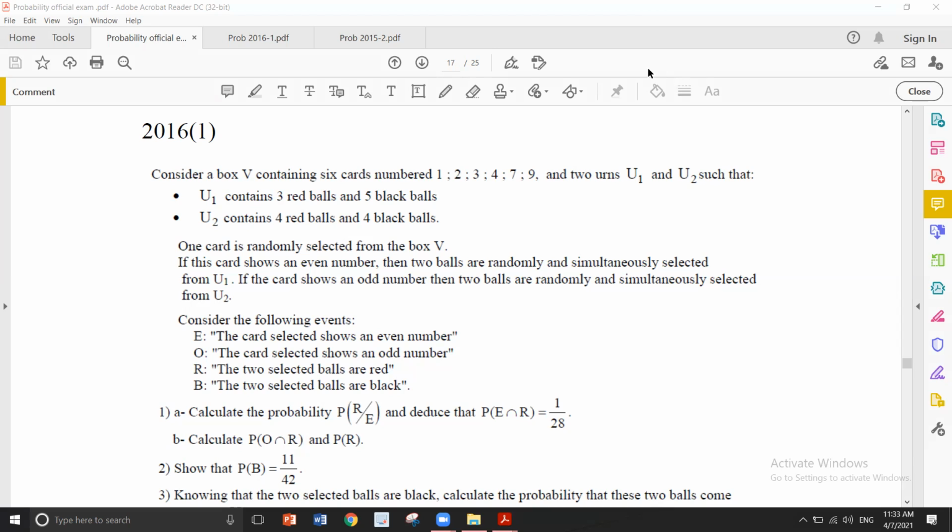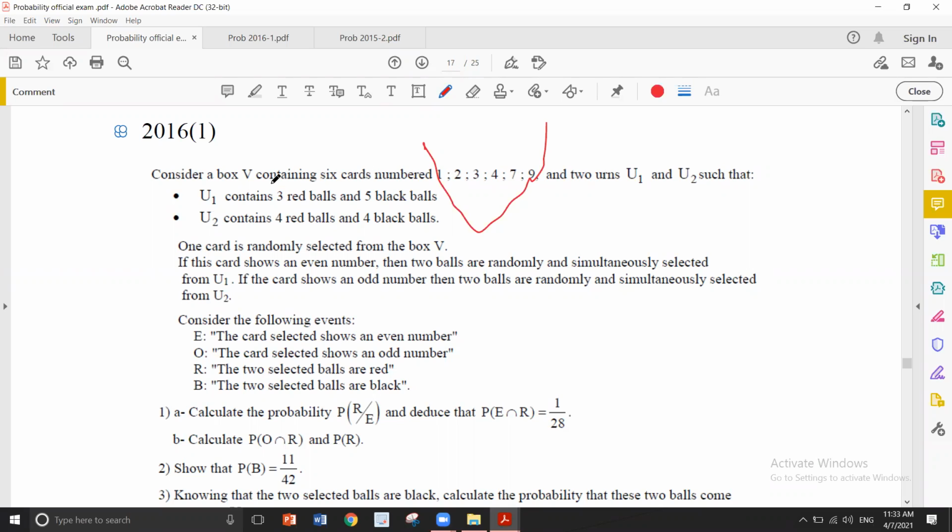Okay, so let's start. 2016, the first chance. Consider a box V containing 6 cards: 1, 2, 3, 4, 7, and 9. So this is the box V. It contains the numbers 1, 2, 3, 4, 7, 9.